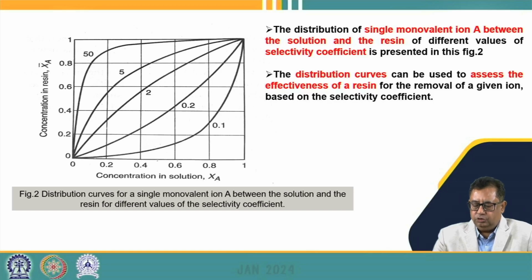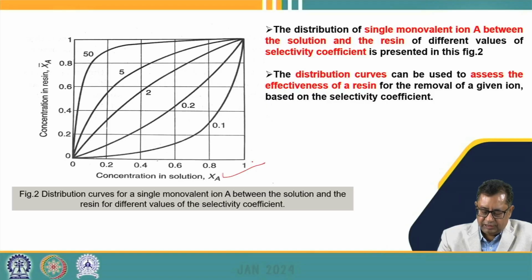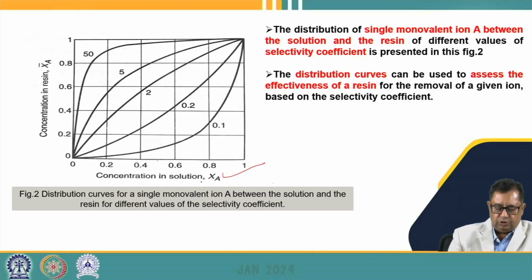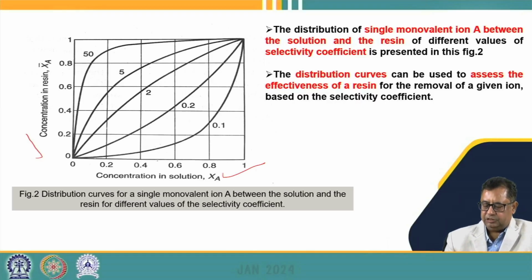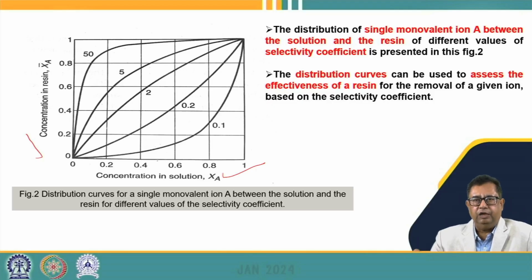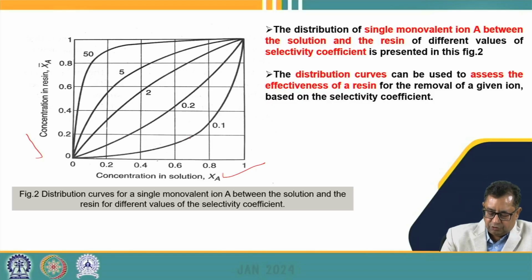Okay. So now we can see that if we draw a curve of the monovalent ion, that is the concentration of a monovalent ion, let's say A plus here, present in the solution, and the concentration of monovalent ions present on the resin, that is x bar A plus and x A plus, this distribution will depend upon the selectivity coefficient value. For example, you can see here that if the selectivity coefficient values are low, a higher fraction of A plus will remain in the solution.